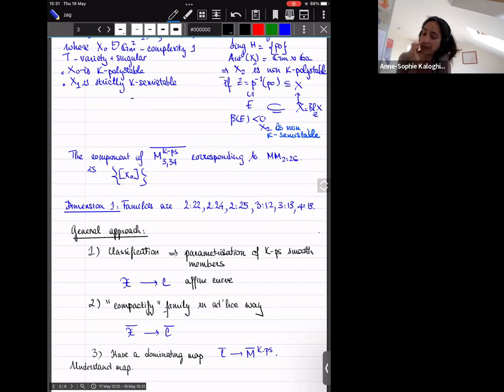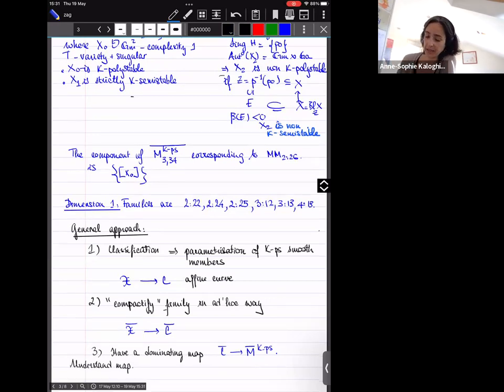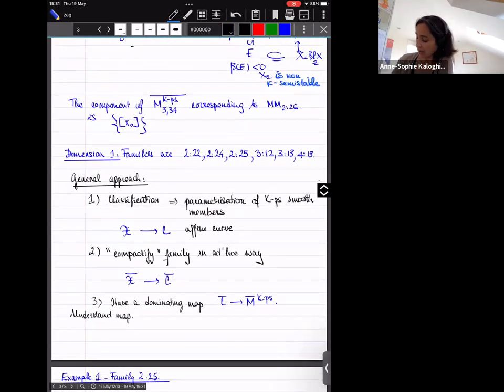And then the method is to try and compactify the family in an ad hoc way, over a compactification of C. If we obtain this, then we have a dominating map from C bar to the component of moduli which corresponds to that family. And in some cases, we might even be able to understand this map.